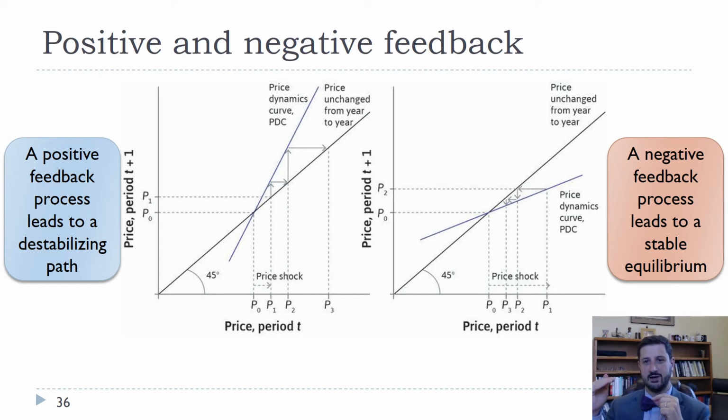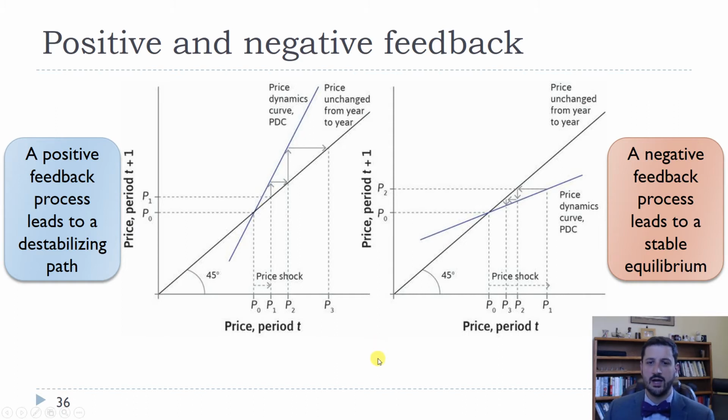That's not going to stay high. And so it's a bit of a mystery why some assets experience positive feedbacks and others experience negative feedbacks. And sometimes it can be the same asset that experiences these different feedback loops at different times.